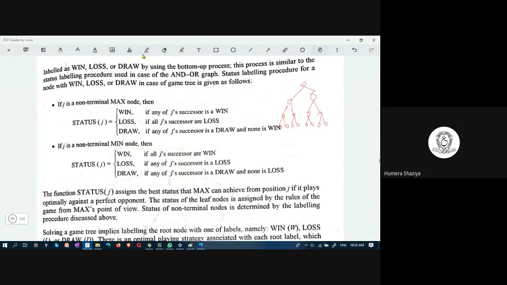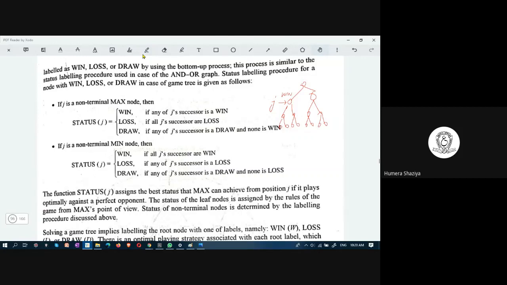If J is a non-terminal, which means it is not a leaf, consider this to be J. Here you can label this J as win if any of J's successors is a win.